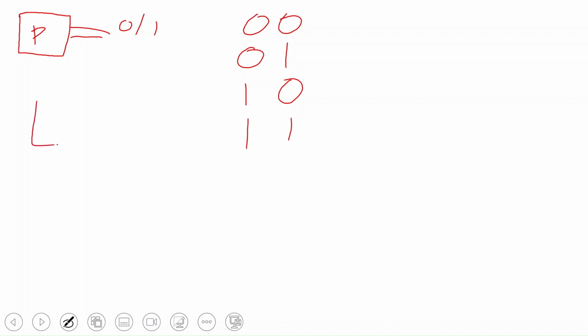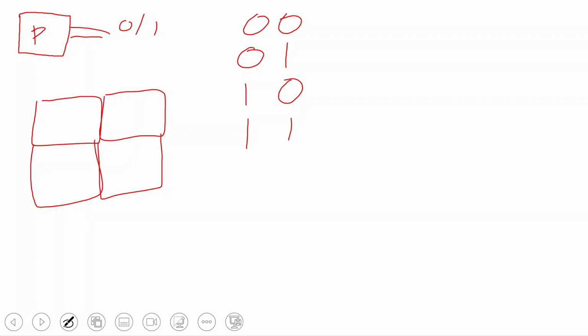Now, let's say, for example, these are memory locations, right? 1, 2, 3, 4. Each memory location has an address. For example, let's say the address of the first one is 0, 0, and then 0, 1, 1, 0, 1, 1.